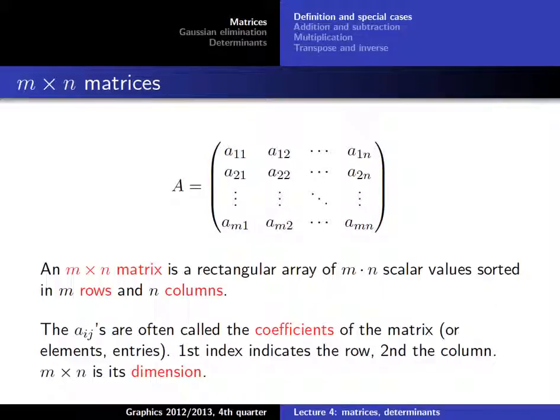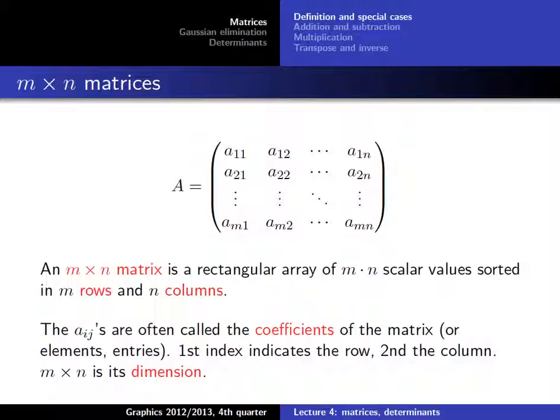So we have a 2 cross 2 field of values, and we identify these values by their row and their column. Usually we write the row first and then the column second. So we say we have an m cross n matrix if the matrix has m rows and n columns, and we call this m cross n the dimension, in the same way as we called the value n the dimension for a vector. Only in this case the dimension is actually 2 values, because it's important not only how many scalar values we have, but also how we arrange them in a 2D way.